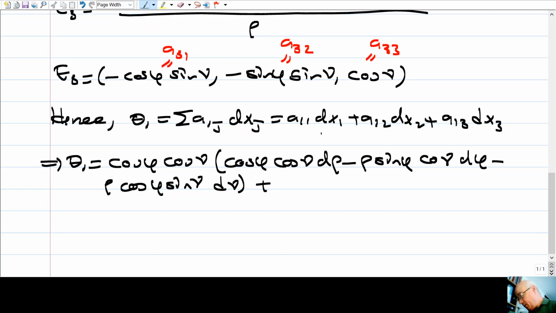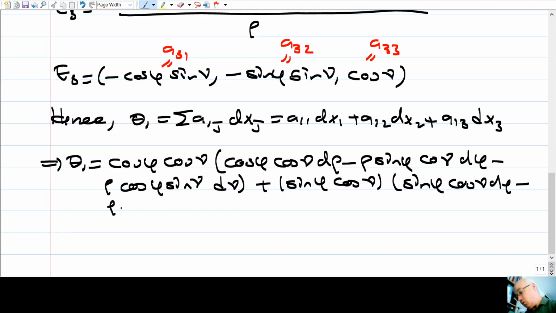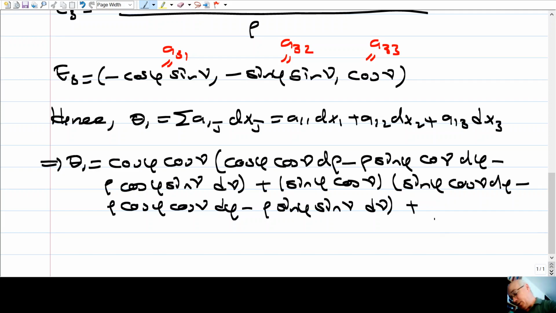Okay, so this is the first term, and then for the second term I have sine phi cosine nu times sine phi cosine nu d rho minus rho cosine phi cosine nu d phi minus rho sine phi sine nu d nu plus A13, which is just sine nu times sine nu d rho plus rho times cosine nu d nu.